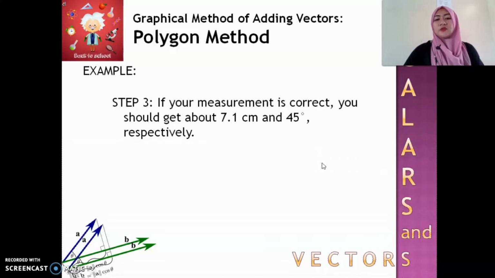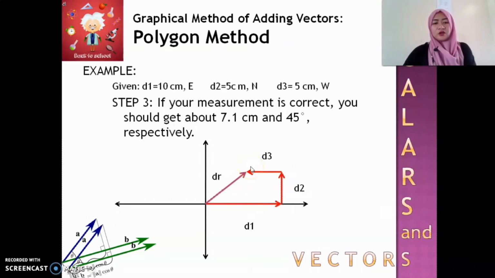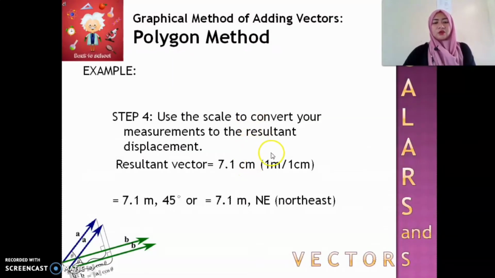If your measurement is correct, you should get about 7.1 centimeters and 45 degrees respectively. Take note to use your ruler and your protractor. To make sure that your answer is in meters, just remember the scale that you used. So approximately we will have 7.1 meters northeast, because we know that our scale earlier is 1 meter equal to 1 centimeter.